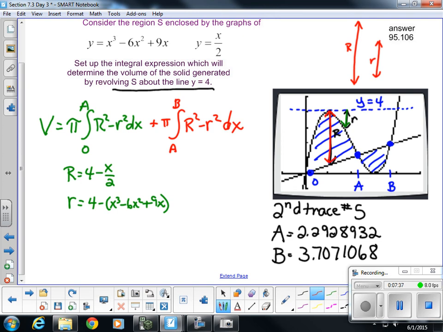For the red part of the equation, we have a big R that goes from 4 all the way down to the cubic function. So 4 minus the cubic function, that's the big R in the red part of the equation.